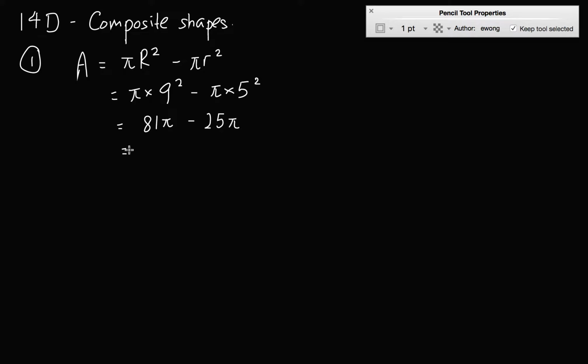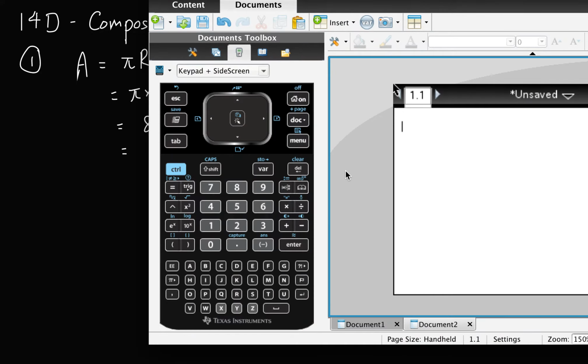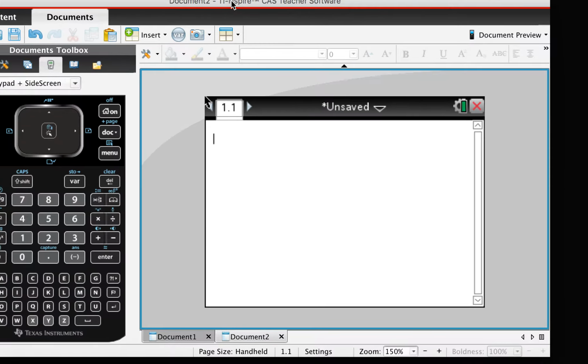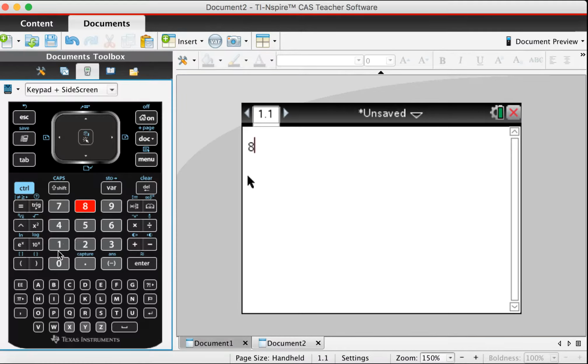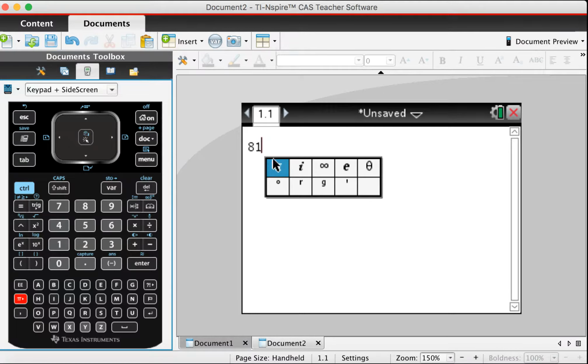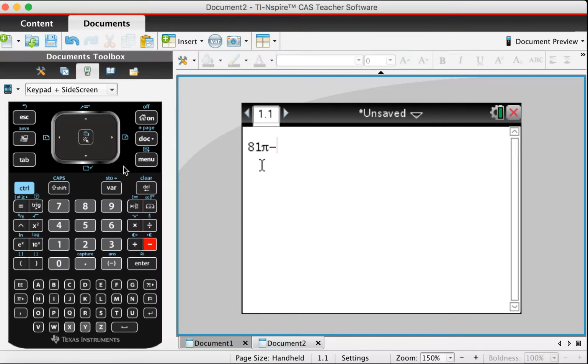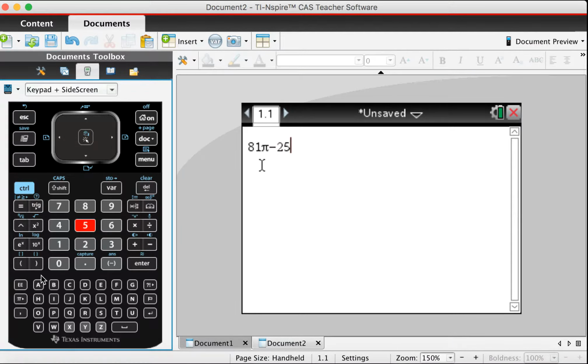Now because the question asks for you to do the approximate, we can't give it just in terms of pi. So we're gonna go ahead and consult our calculator. I have a different calculator here, but please use the green calculator that you have. So it was 81 pi, take away 25 pi.